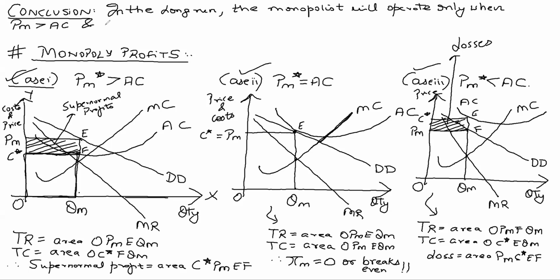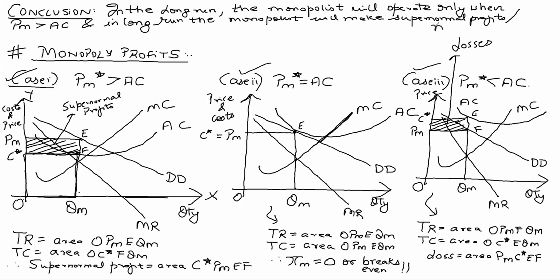And in the long run, the monopolist will make supernormal profits, also called monopoly rent.